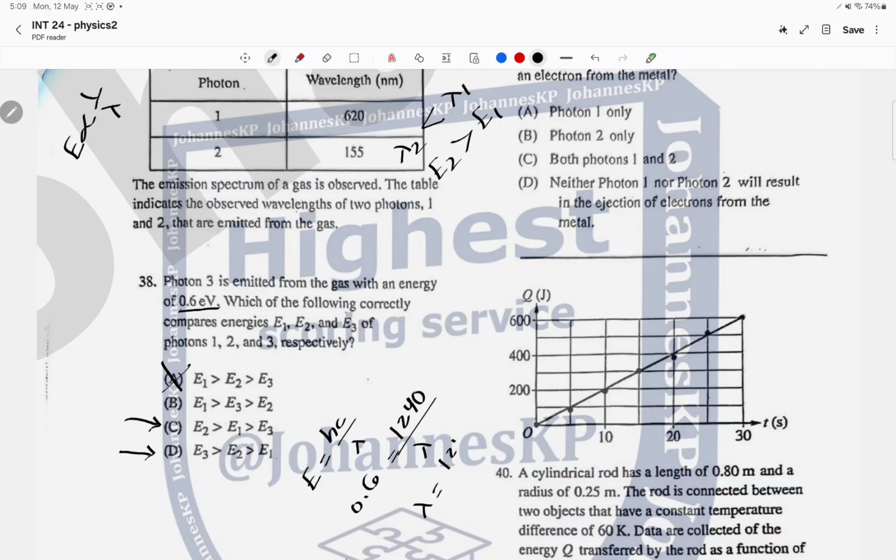Lambda is equal to 1240 over 0.6. That's 2066.66. So it has the longest wavelength, it has the least energy, right? Yeah. So C.